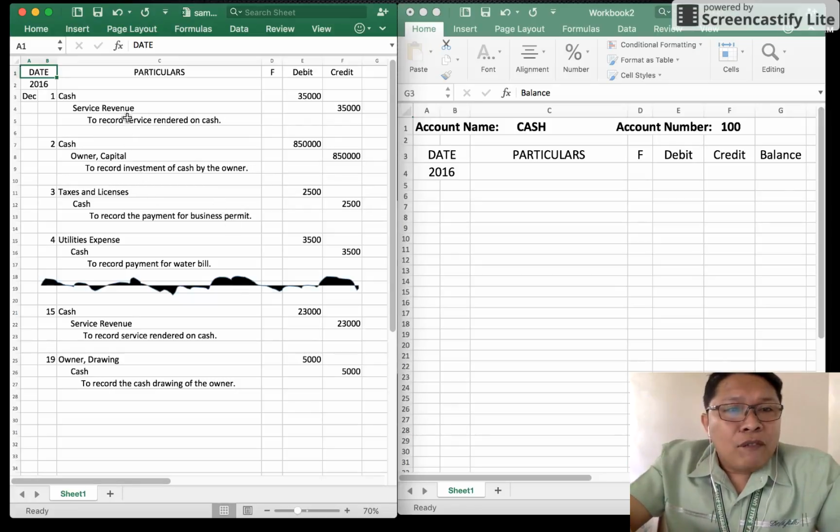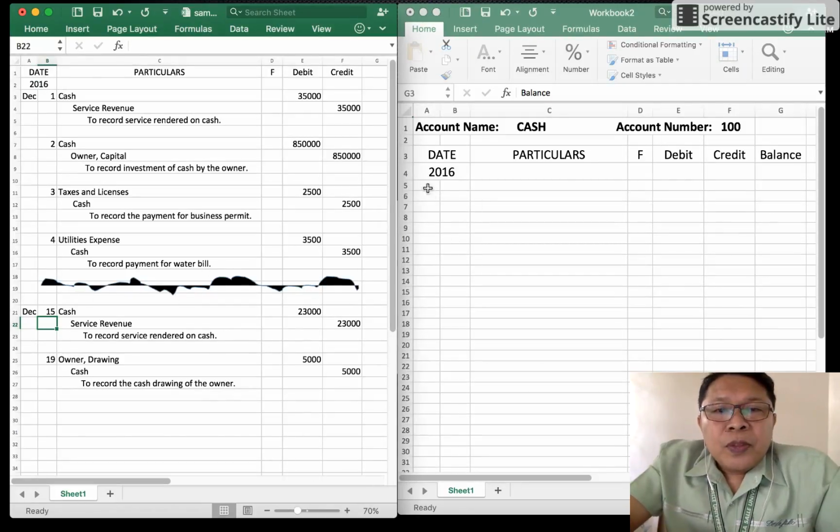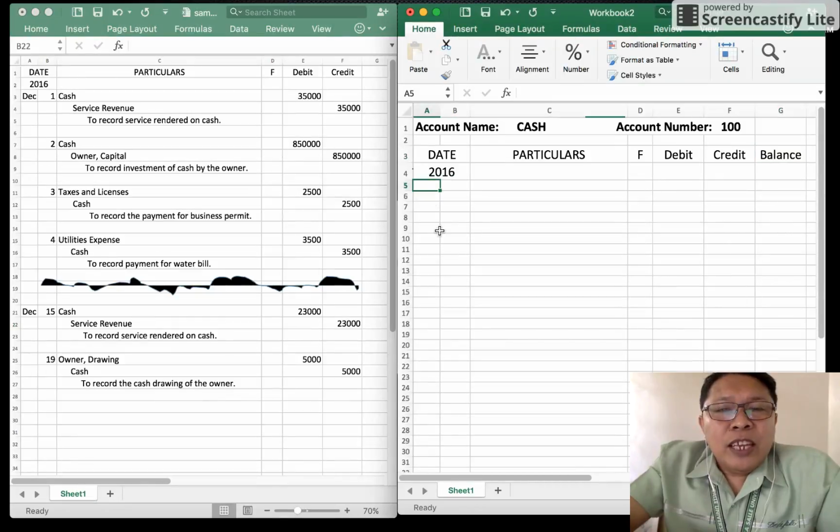So we have assumed that we have 2 pages of records. December 1 to December 4 is our first page, and on the second page it starts on December 15. So we have to write the date, okay, the month. So assuming that there is already a column heading intended for this matter, now let us start with transferring this amount.